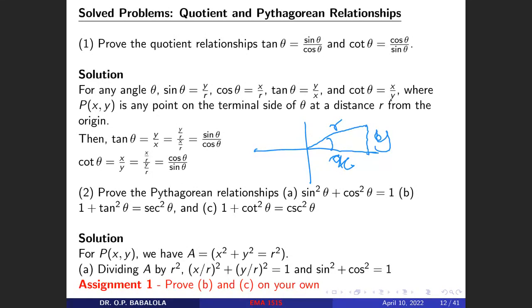So all of this is just to be able to prove tan theta equals sine theta over cos theta. Now let's go with tan theta. Remember now that tan theta is what? It is y over x.